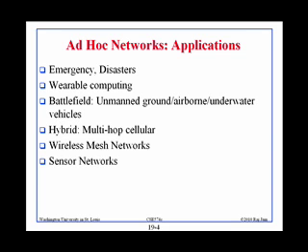I said that mesh networks use ad hoc operation, though they don't have to because they could have a tower. And the sensor networks use ad hoc networks. Again, they don't have to. They could have some clustering where the whole cluster has a more powerful node that can communicate. But most of these are ad hoc. So these are multiple uses of ad hoc networks.